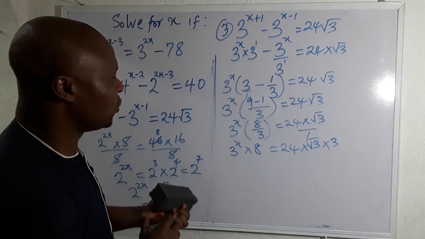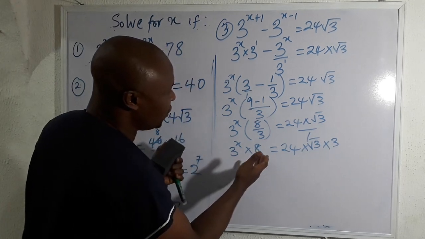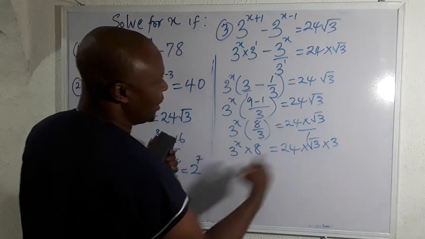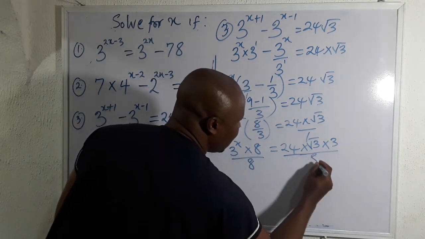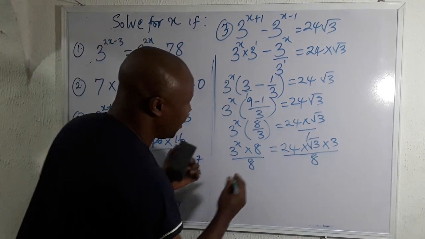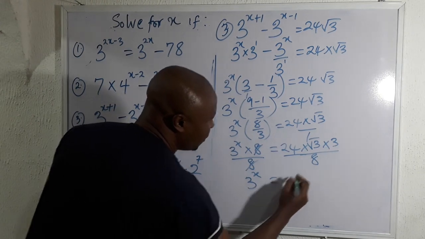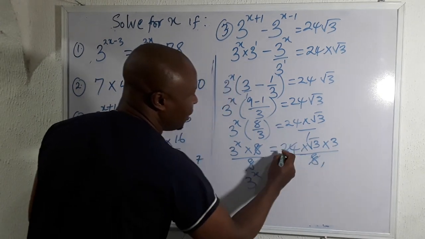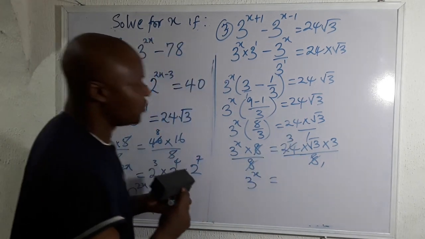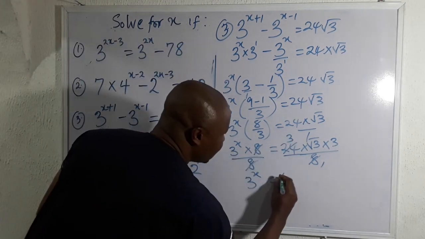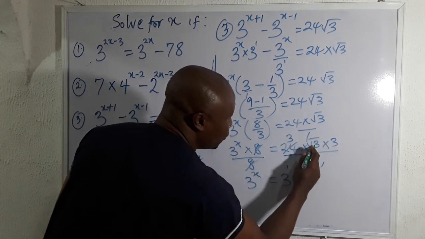What we can do here is divide both sides by 8. This 8 will cancel this 8, and what we have left is 3 raised to power x is equal to, now 8 into 8 is 1, 8 into 24, I think that is 3. So we have 3 raised to power 1 times root 3.